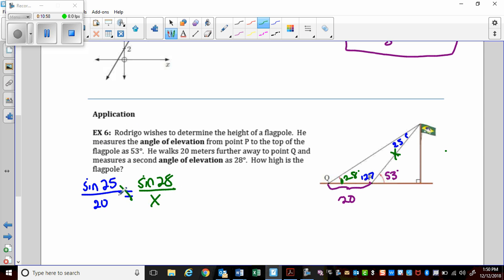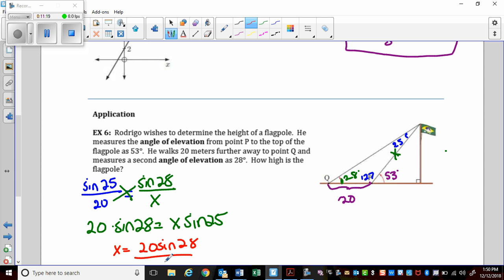Now I can just cross multiply. 20 times sine of 28, remember we cannot multiply the numbers, we have to keep 20 on the outside, equals x times sine of 25. Now if I divide by sine of 25, x equals 20 sine of 28 all over sine of 25.